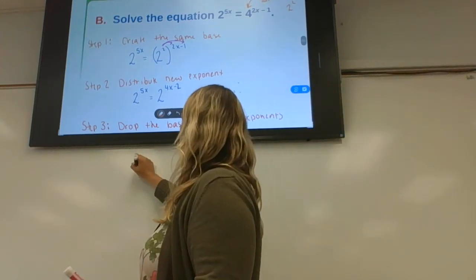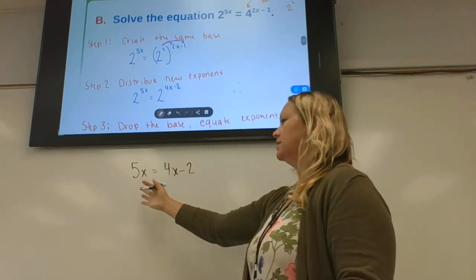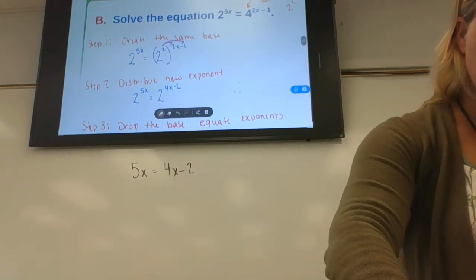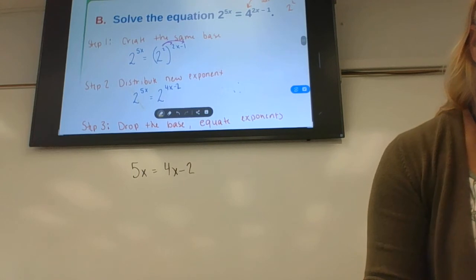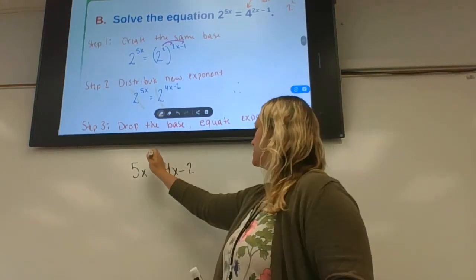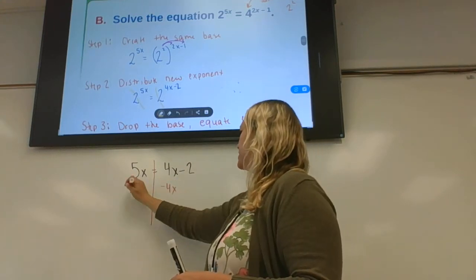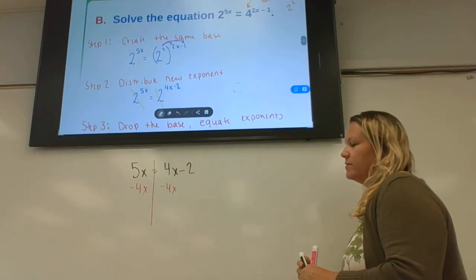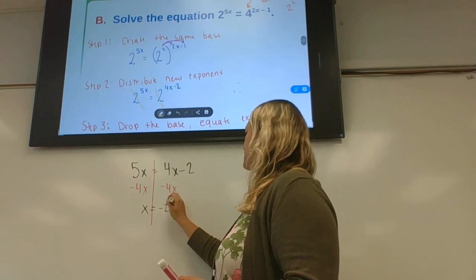So I'm going to do 5x equals 4x minus 2. And those exponents could really look like anything. From there, you just have to solve it using previous knowledge. I would subtract 4x from both sides of the line. 5 minus 4 is 1x. X equals negative 2.